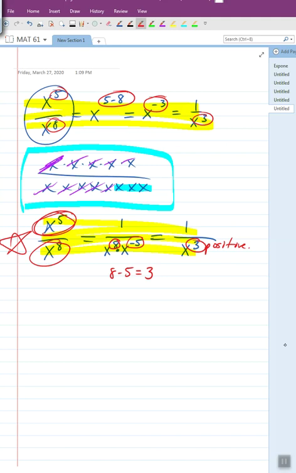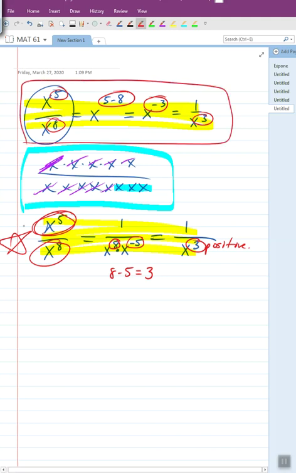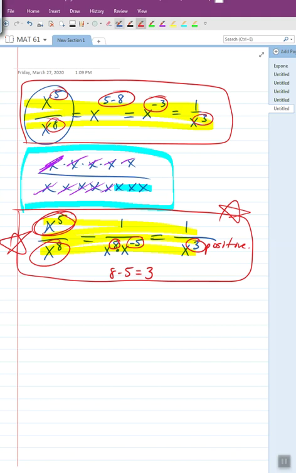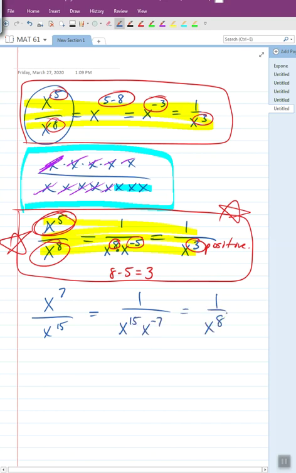Okay, I see what you're saying. So, which one of these two ways you prefer to look at it is up to you. My own preference is this way. It makes more sense to me, at least it has over the years. So for me, if I see something like x to the 7th over, let's say, x to the 15th, I'm automatically thinking 1 over x to the 15 minus 7, which is 1 over x to the 8.